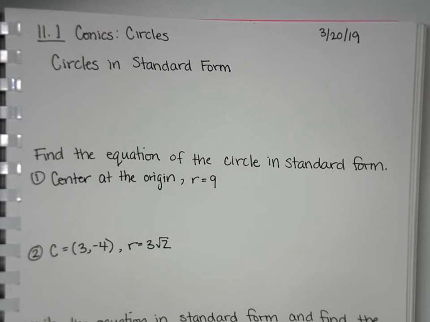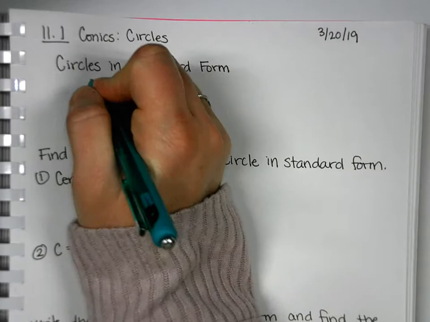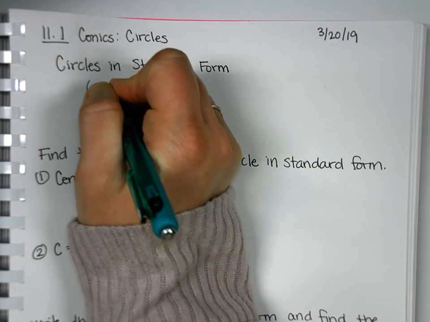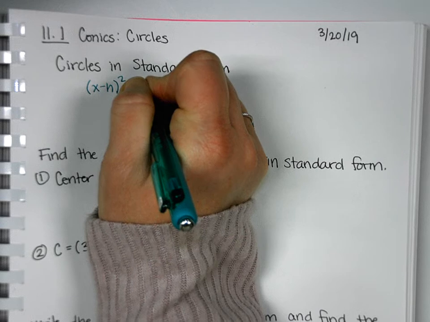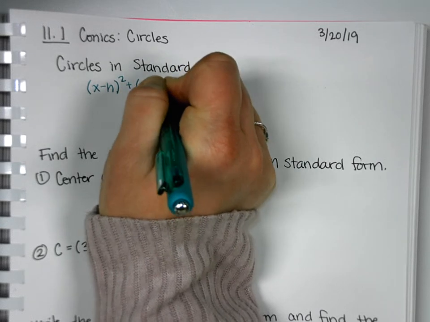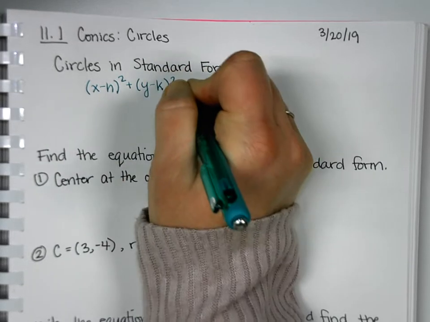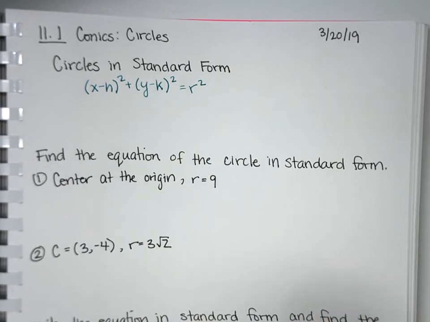So to start off, we have what is a circle in standard form. If you remember from last year, circles in standard form are (x minus h) squared plus (y minus k) squared equals r squared.